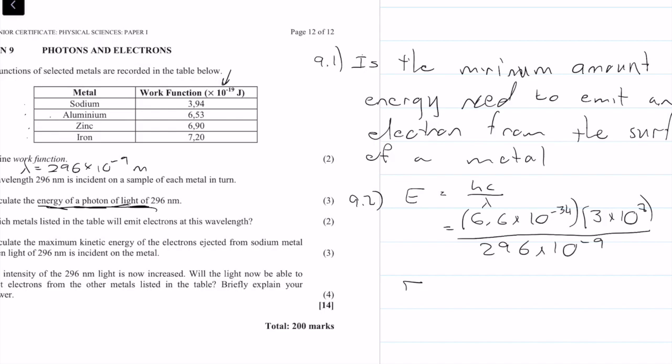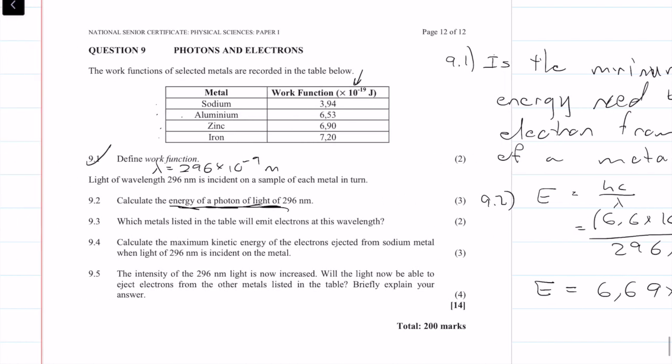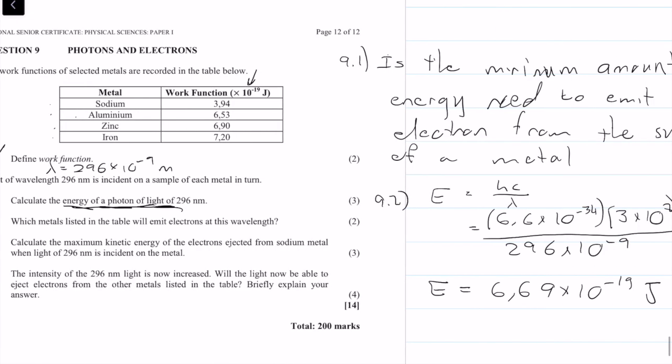If we plug this into our calculator, we get the answer of 6.69 times 10 to the minus 19 joules. This is the energy of the photon, the total energy available, basically.